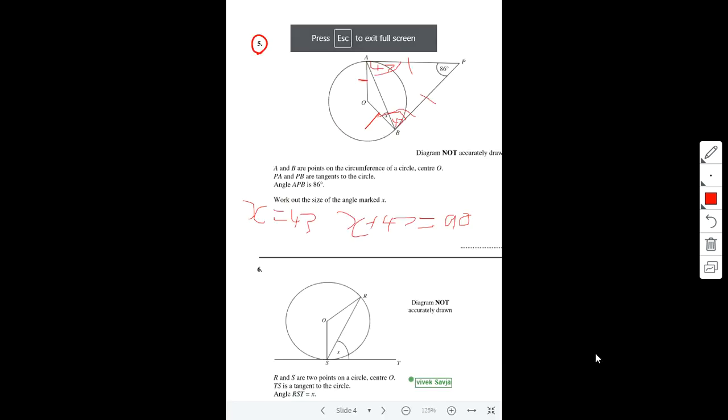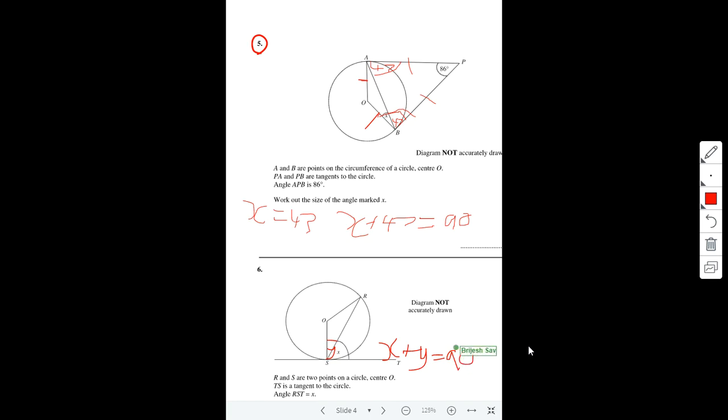So what you have to do is, you need to know if you call that angle y, you need to know these two are the same.